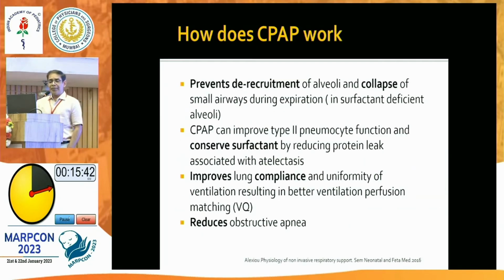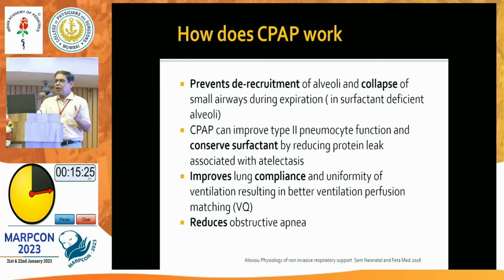Now, how does CPAP work? It prevents the de-recruitment of alveoli and also prevents the collapse of small airways. CPAP also helps by conserving surfactant by reducing the protein leak associated with atelectasis.